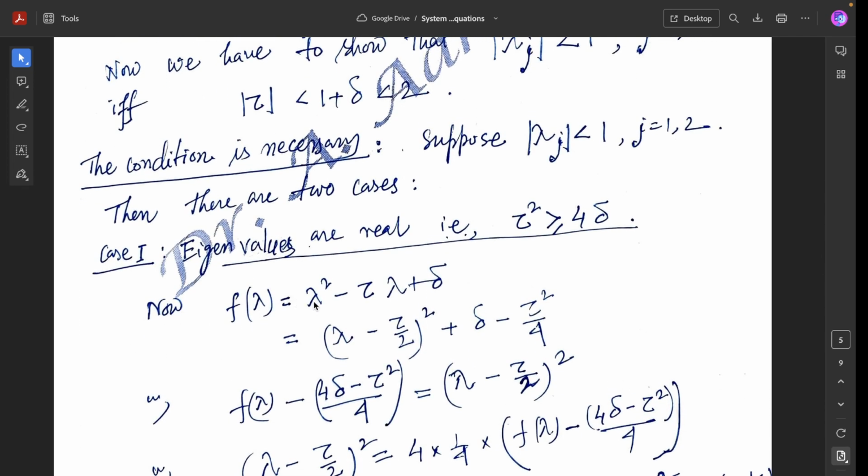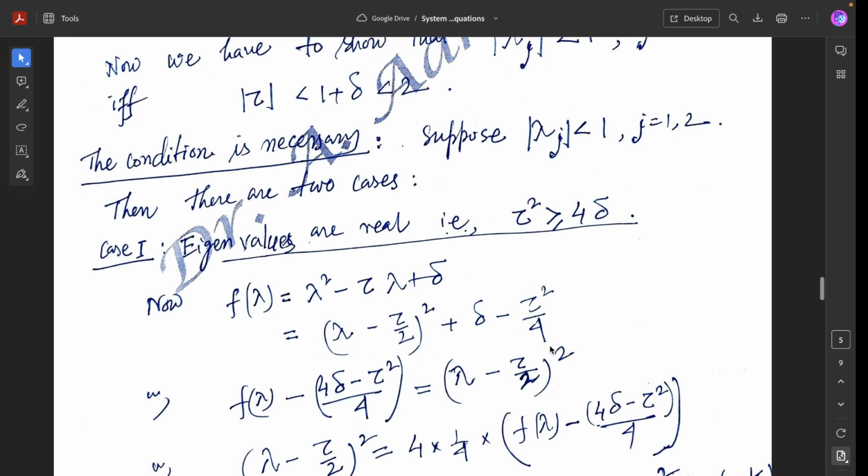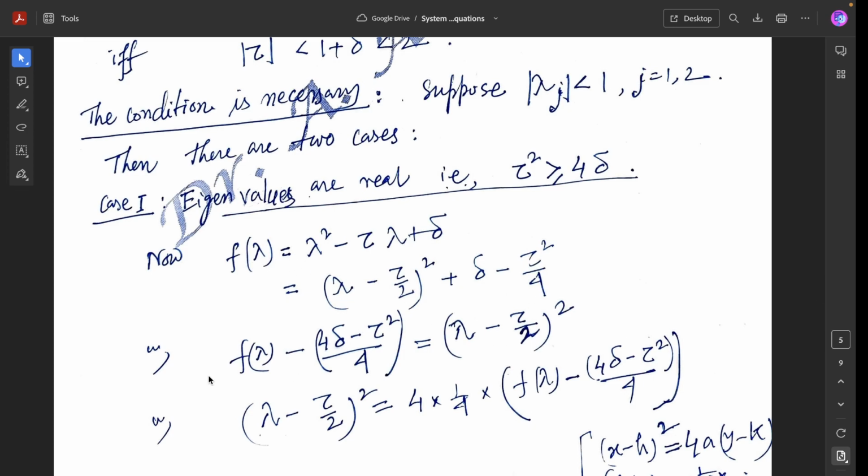Now f(λ) = λ² − τλ + δ. So we can write this as (λ − τ/2)² + δ − τ²/4. So f(λ) − (4δ − τ²)/4 = (λ − τ/2)².